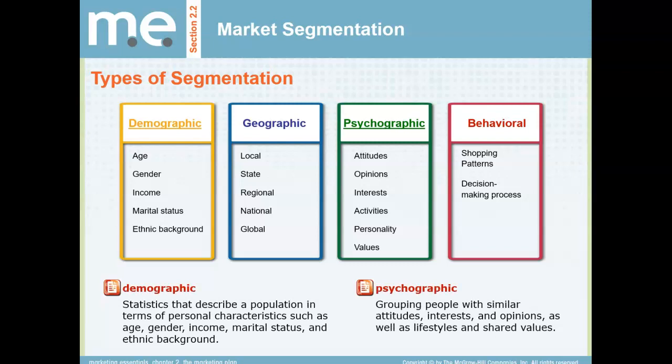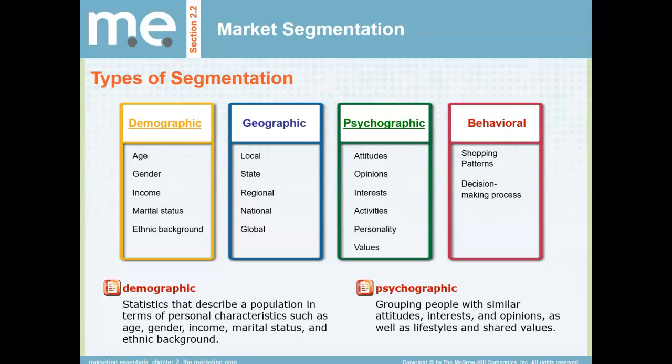So here is a great chart and information to look at. And you have your formal definitions of demographic and psychographic. But if you look at what demographic information is, it's all of that: age, gender, income, marital status, background. Geographic, physically where you are at.